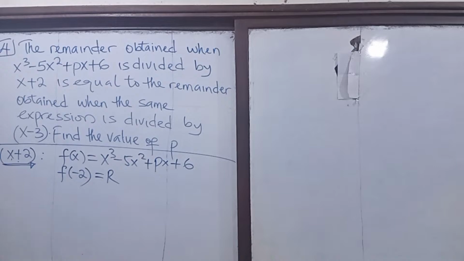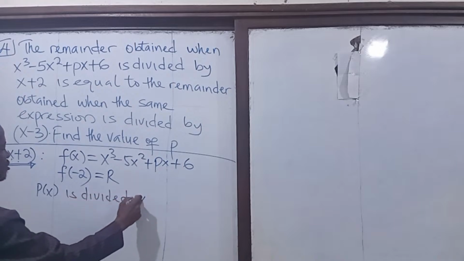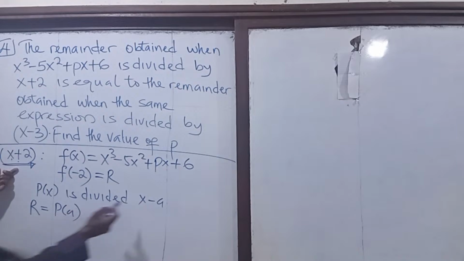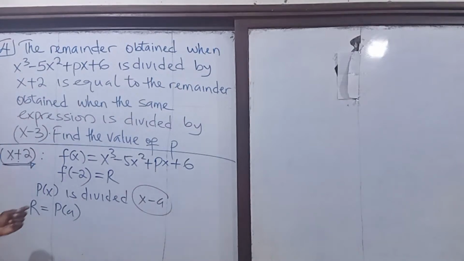Because what the remainder theorem says is that if a polynomial is divided by this linear factor, the remainder will be equal to P of a. So the same thing we do here: this is equal to 0, so we have x equal to a, and anywhere we see x, we substitute that a in the polynomial expression.